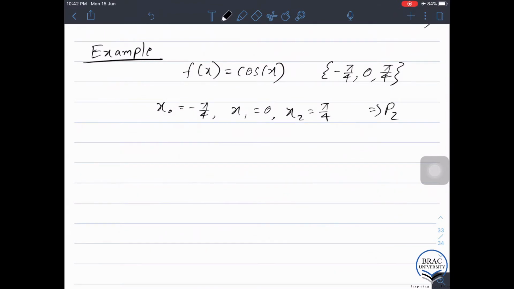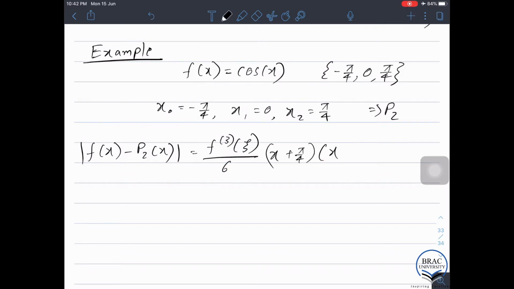Now I want to explicitly calculate the right hand side of the error formula. So f(x) - P2(x) is equal to f'''(ξ)/3!, because my n is 2 here, and 3! is 6, times (x + π/4)(x - π/4)x. Here f''' means the third derivative, and if you calculate three derivatives of cos, cos gives you -sin, then -sin gives you -cos, and then a plus sin.